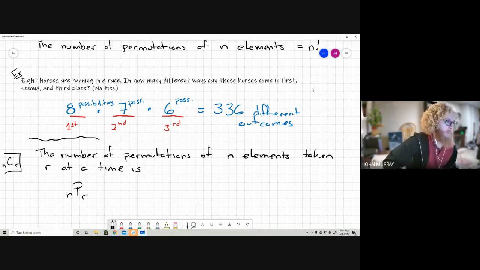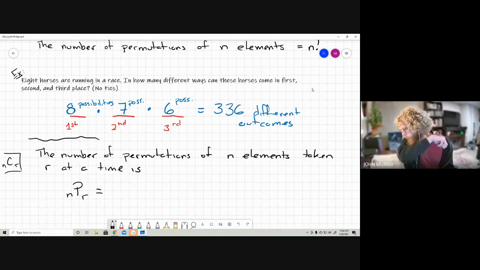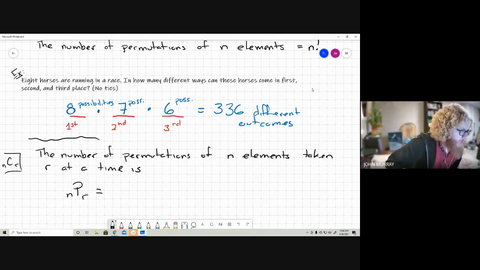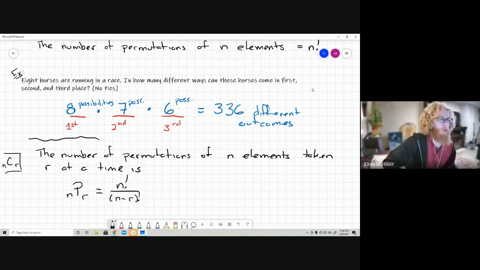Similar setup, slightly different equation. This is just going to be n factorial over n minus r factorial. So here we don't have to worry about that extra r in the denominator, and it's just the 2 terms, n factorial in the numerator, n minus r factorial in the denominator.